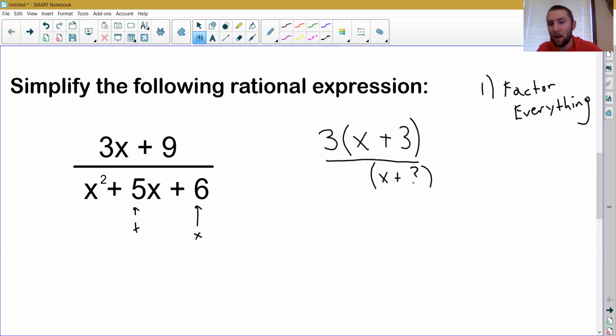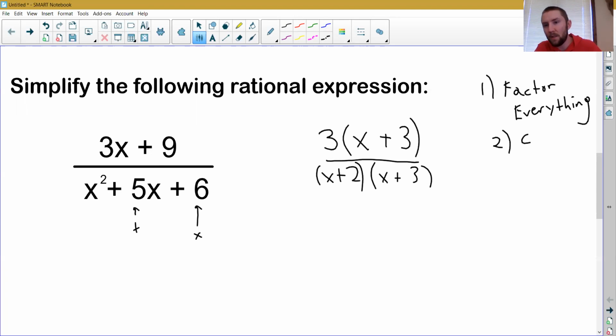So let's think of two numbers that multiply to make 6 and add up to make 5. That would be 2 times 3, or 2 plus 3. So my two factors on the bottom become x plus 2 times x plus 3. So there I have factored everything.